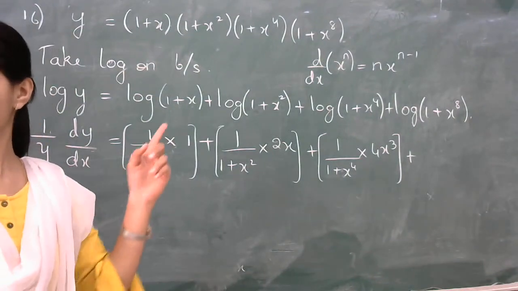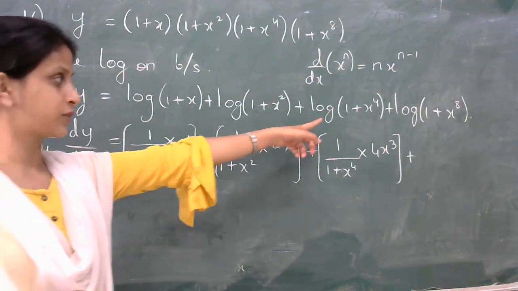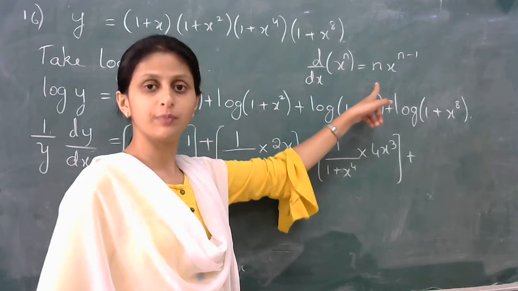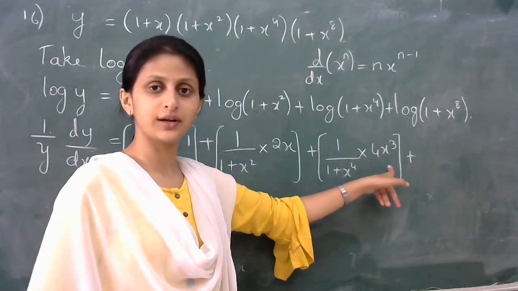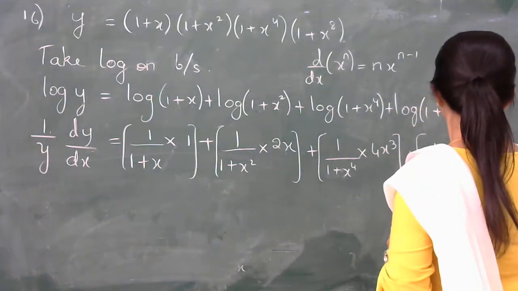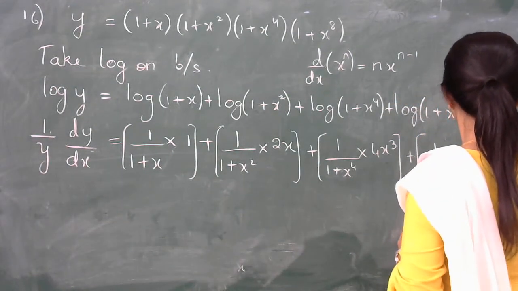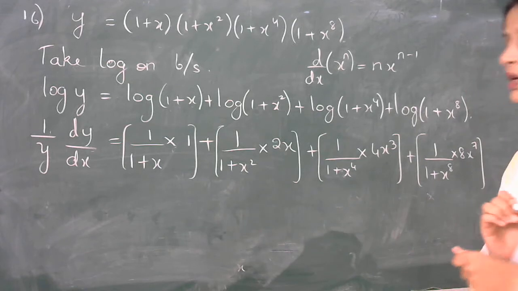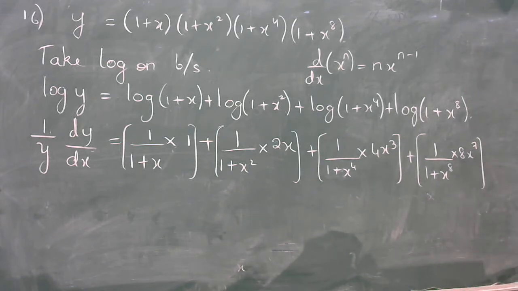So you need to use that formula here. If you find the differentiation of x to the power 4, you will get this answer. You can check. Similarly, the differentiation of this is 1 upon 1 plus x to the power 8 into 8x to the power 7. So like this, we will carry out the differentiation.